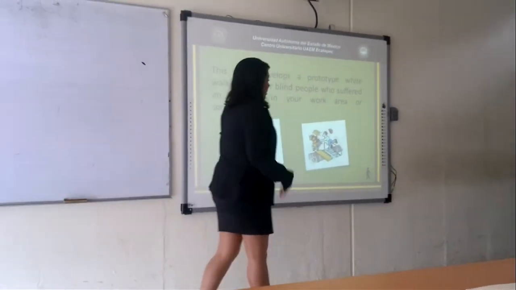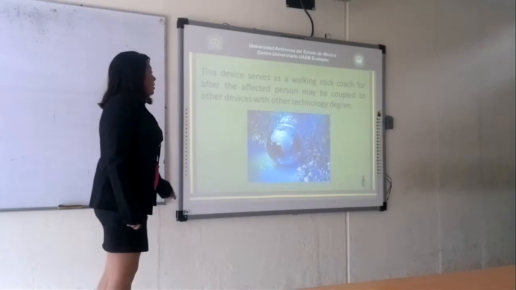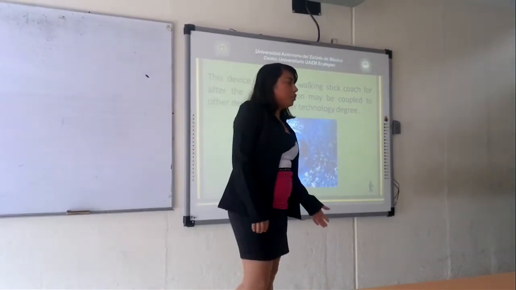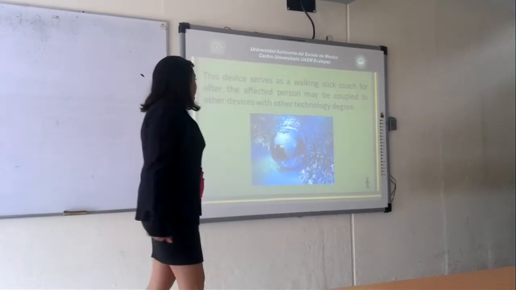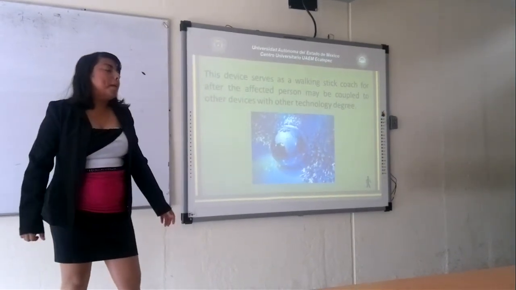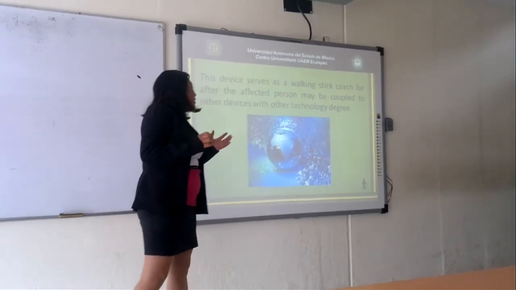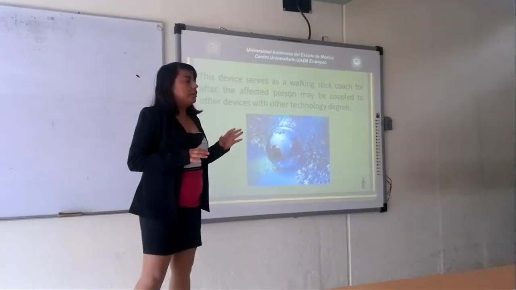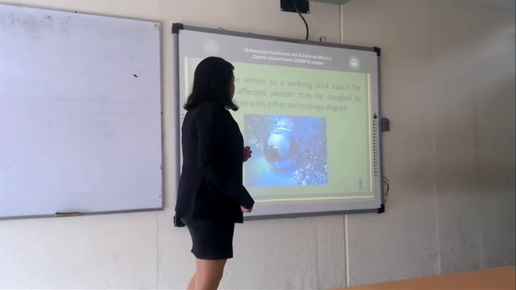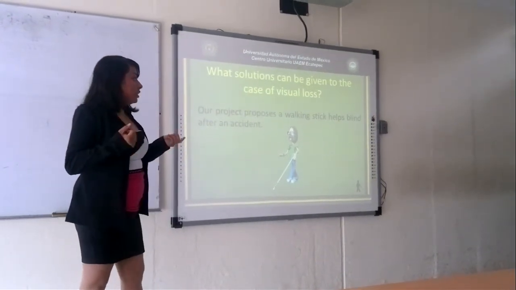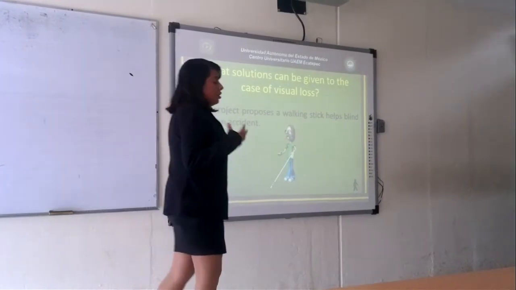Next. This device serves as a walking stick, which the affected person might couple to other technology design. Next. What solution can be given to the case of visual loss?